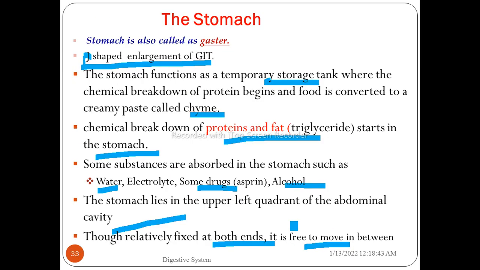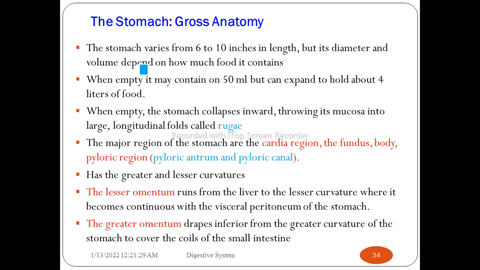Stomach gross anatomy: the stomach varies from 6 to 10 inches in length. 10 times 2.5 is about 25 centimeters. This is the length, but its diameter and volume depend on how much food it contains. When there is no food in the stomach, the diameter or volume shrinks and becomes small.